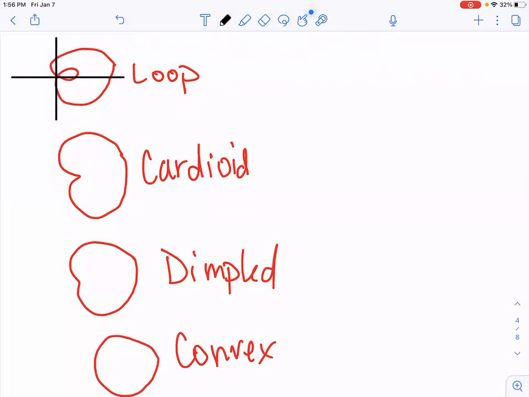It's like a squished circle. Oh, these are terrible drawings, people.